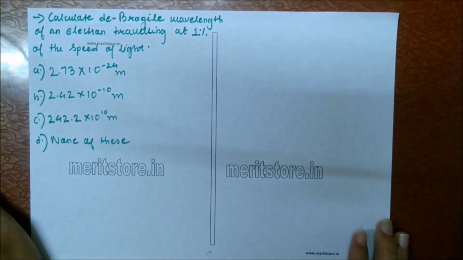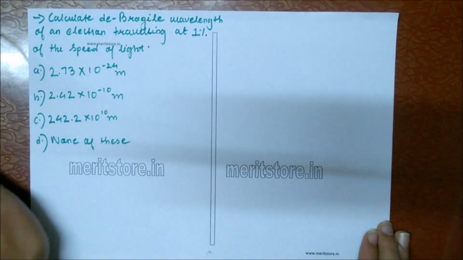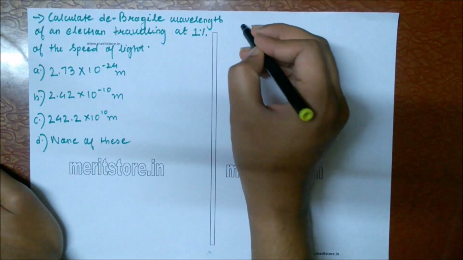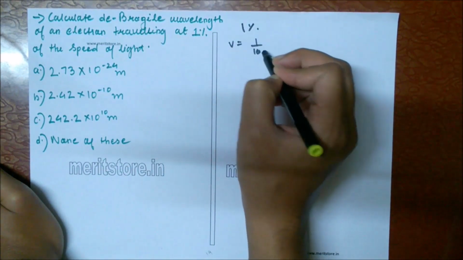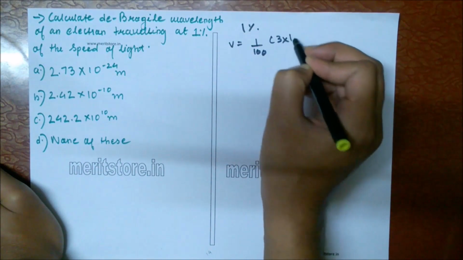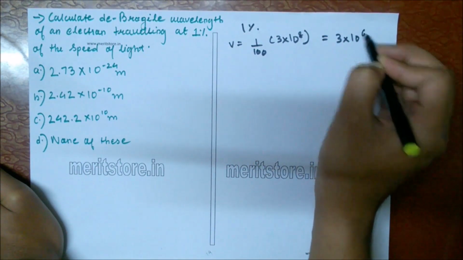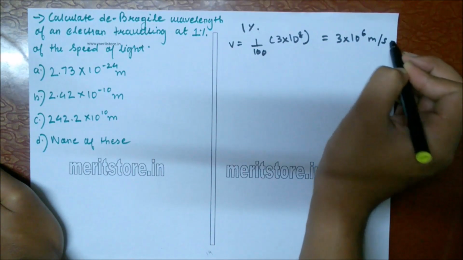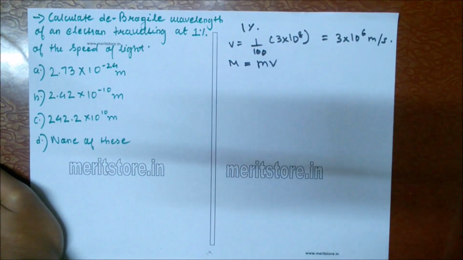Calculate de Broglie wavelength of an electron traveling at 1% of the speed of light. So 1% of the speed of light will be v equal to 1 upon 100 times 3 into 10 raised to 8 meter per second, which is equal to 3 into 10 raised to 6 meter per second. Momentum of an electron is equal to mv.